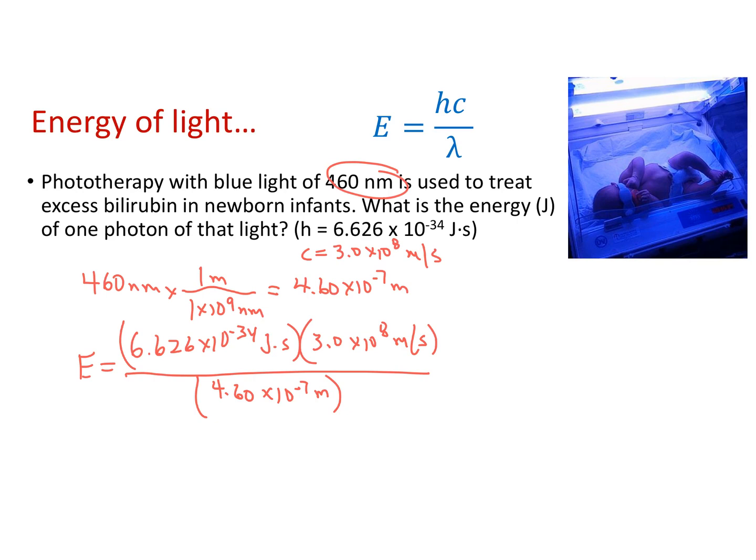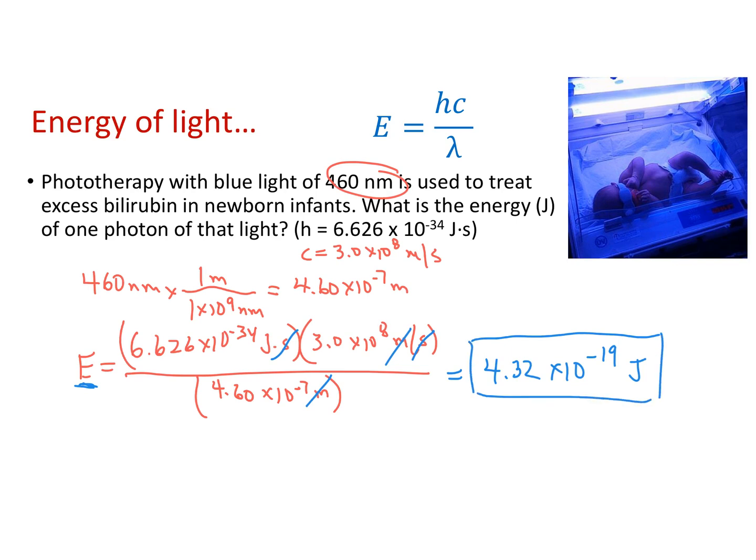When I multiply here, seconds will cancel out, and then when I divide, meters will cancel out, and that's good because I'm looking for energy. Units of energy should be in joules. So when I multiply and divide, I get approximately 4.32 times 10 to the minus 19 joules. So now, using the combined equation, we can go directly from wavelength to energy of that light.